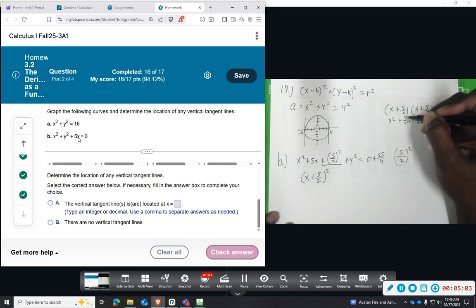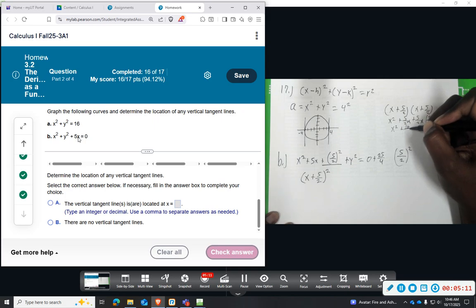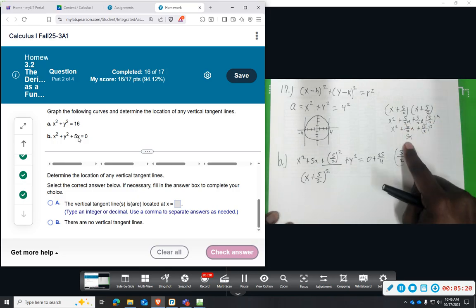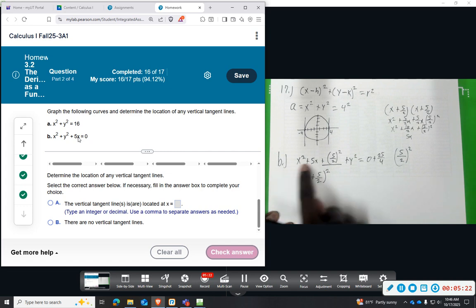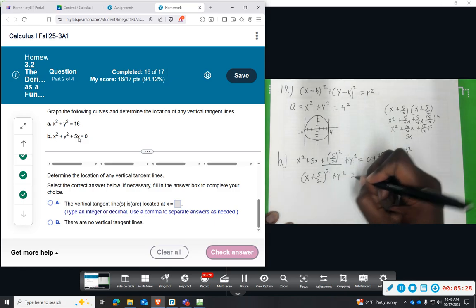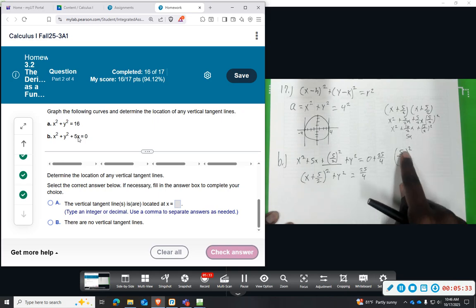If you add these up, 5/2 plus 5/2 gives you 10/2, so you have x squared plus 10/2 x, and 10 divided by 2 is 5x. So this is the shortcut of factoring when you complete the square. Then we have our plus y squared equals 25/4, which is the same as (5/2)².